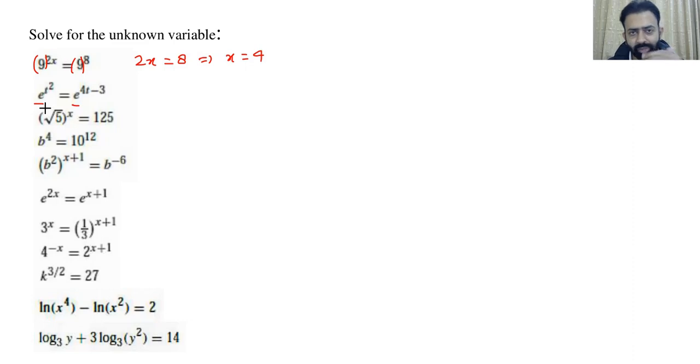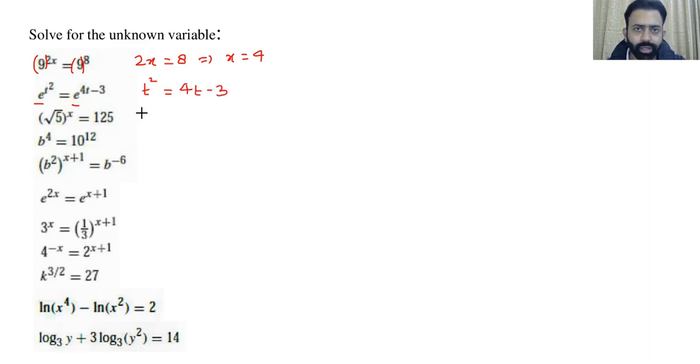This time exponents are not linear functions. The variable in the exponents is some quadratic function. So we will apply the same logic, that exponents in this case also have to be equal. So t square must be equal to 4t minus 3.